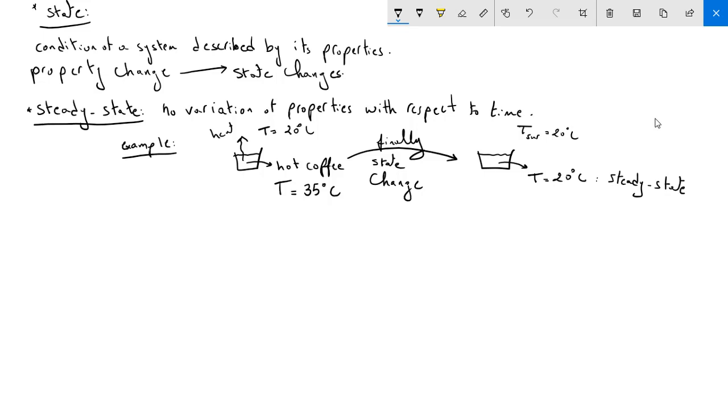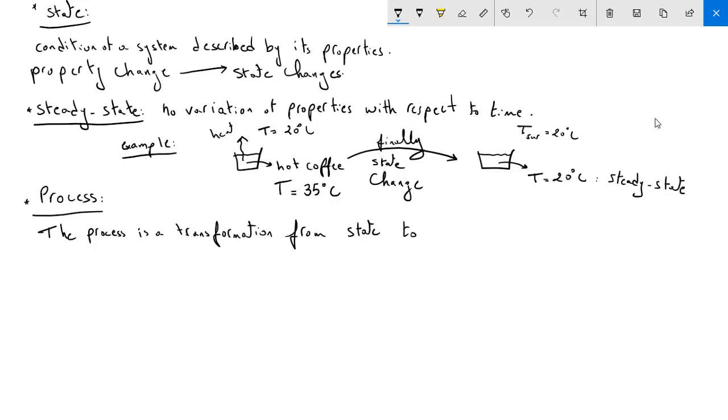Okay. Another thing we need to know is to define a process. A process in thermodynamics is a transformation from one state to another.